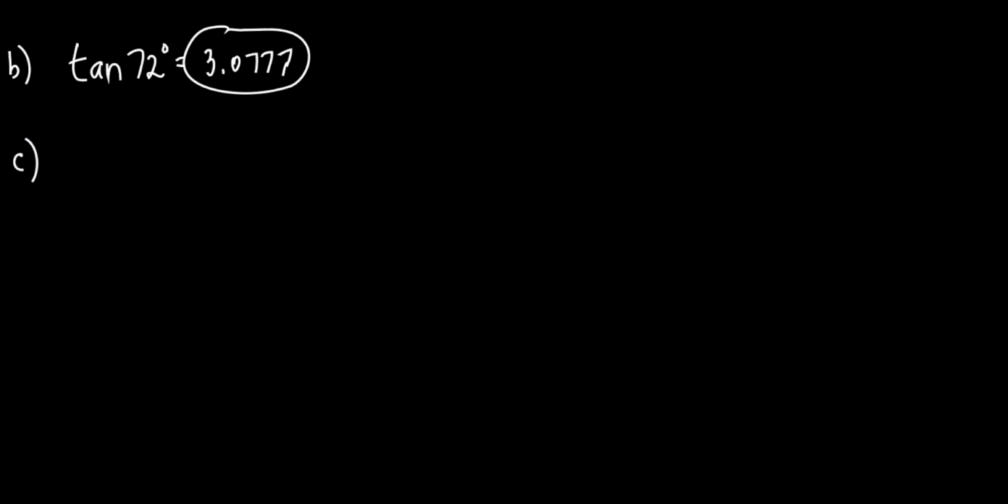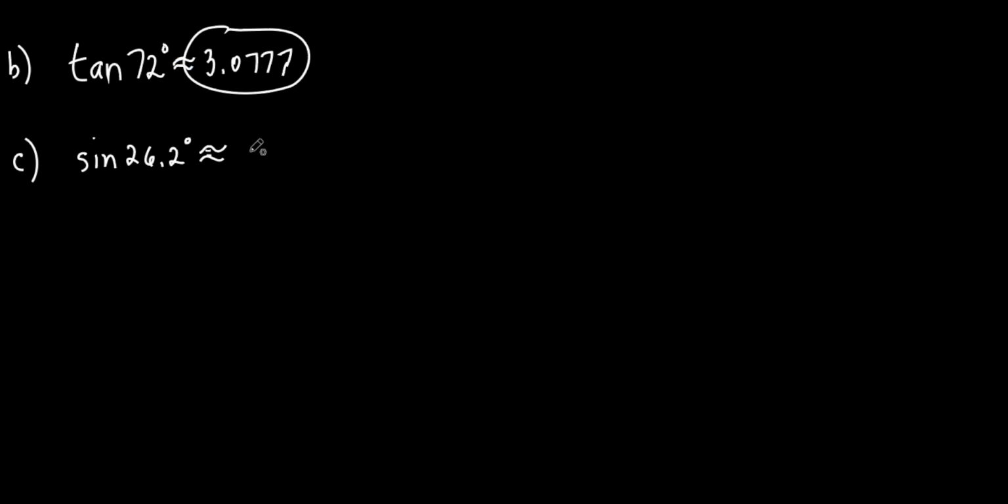And then C, this is the sine. Now this one definitely needs a calculator, 26.2 degrees. But it's super easy. You just use a calculator, right? So it's the sine of 26.2 degrees, and you get that number right there. I really shouldn't put equals. I should put a squiggly equal because it's not exact. It's approximately.